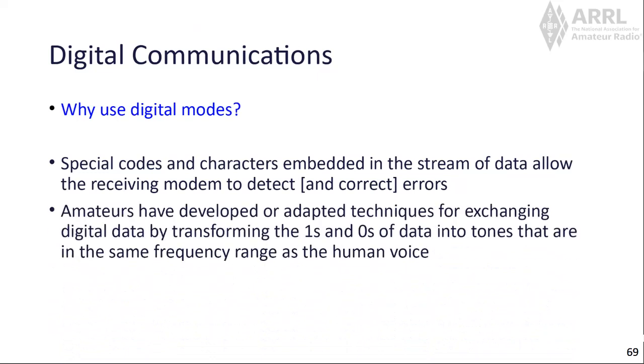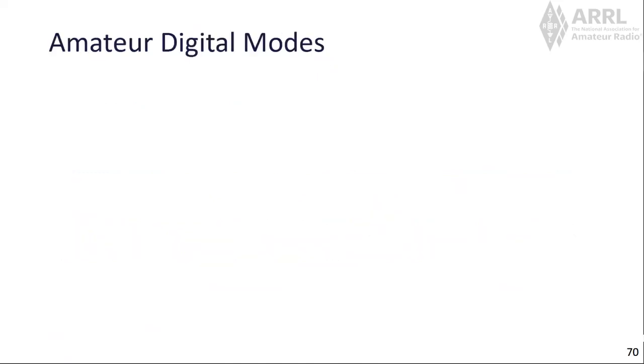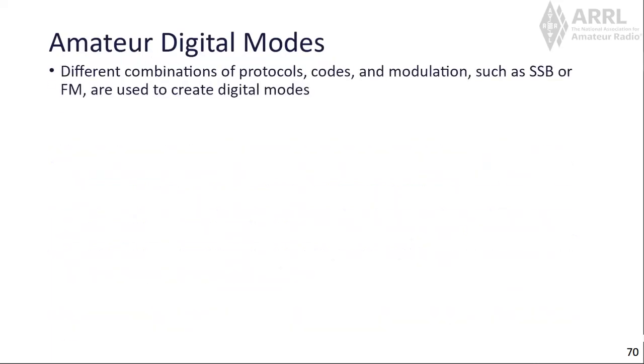Amateurs have developed or adapted techniques for exchanging digital data by transforming the ones and zeros of data into tones that are in the same frequency range as the human voice. Okay, amateur digital modes.